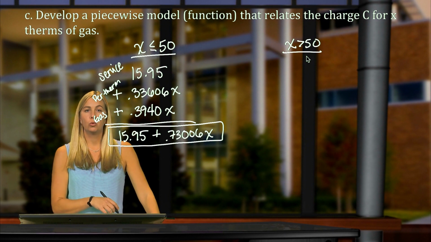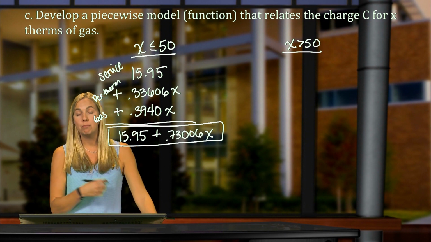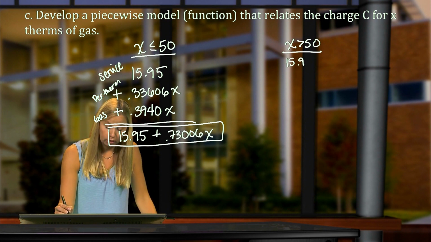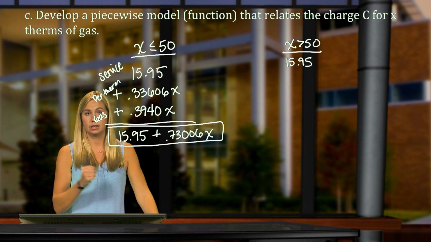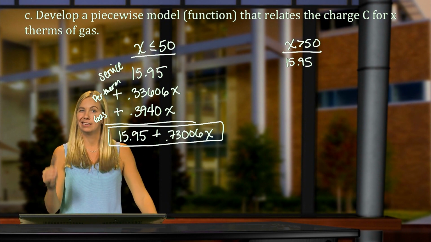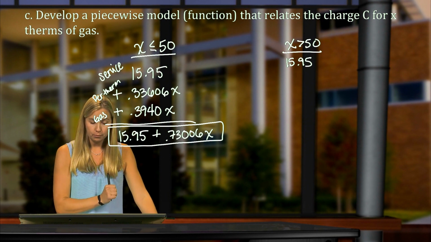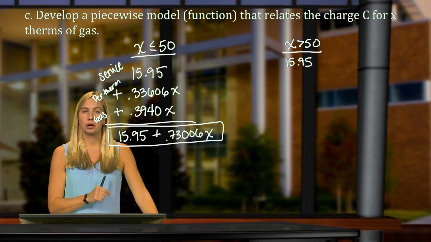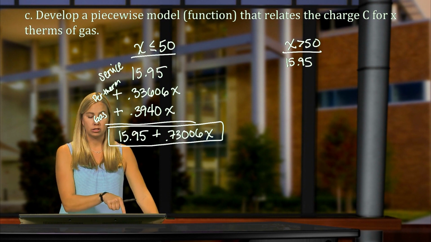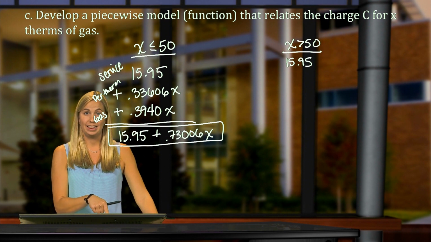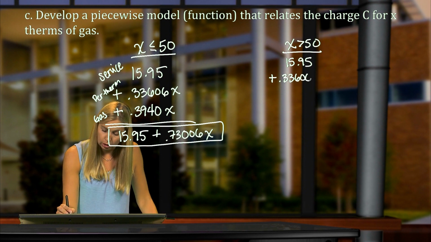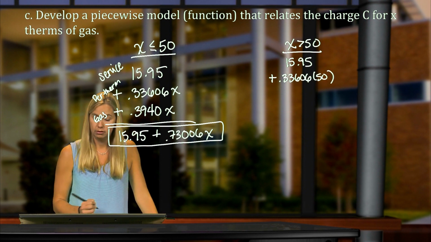And now let's consider how we figured out our bill when we had more than 50 therms. Well, we started out with our service charge, which is a constant, $15.95. That's not dependent on the number of therms we use. We could not use any gas and still have a bill of $15.95. Then we got into the per therm charge. If you recall, we spent the 34 cents for the first 50 therms in that Part B setup. So we've got that 0.33606 times 50.